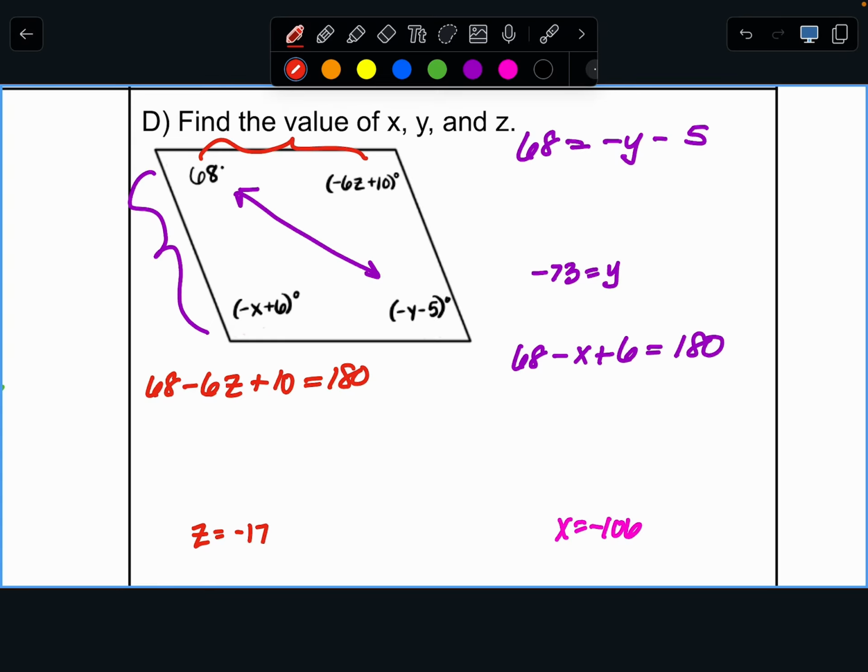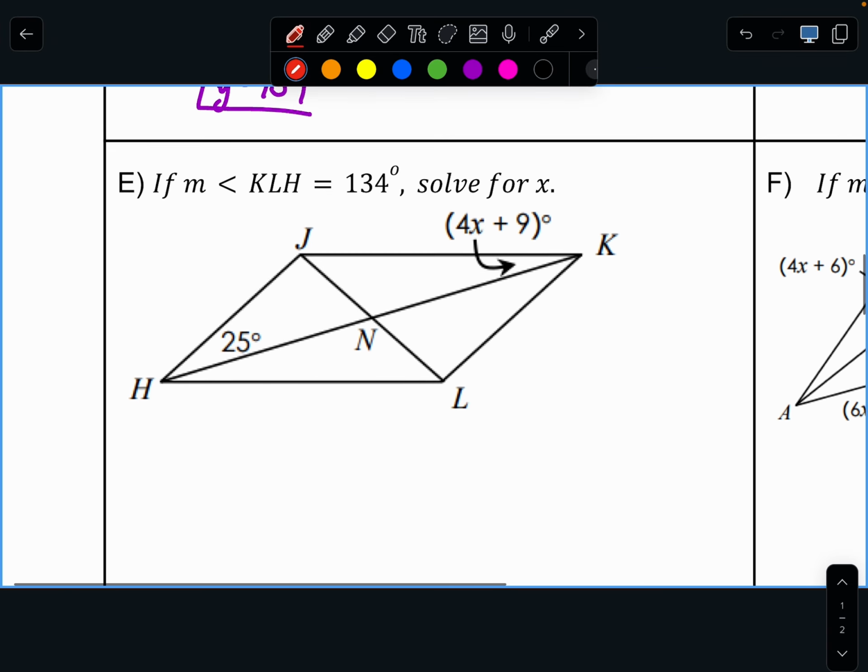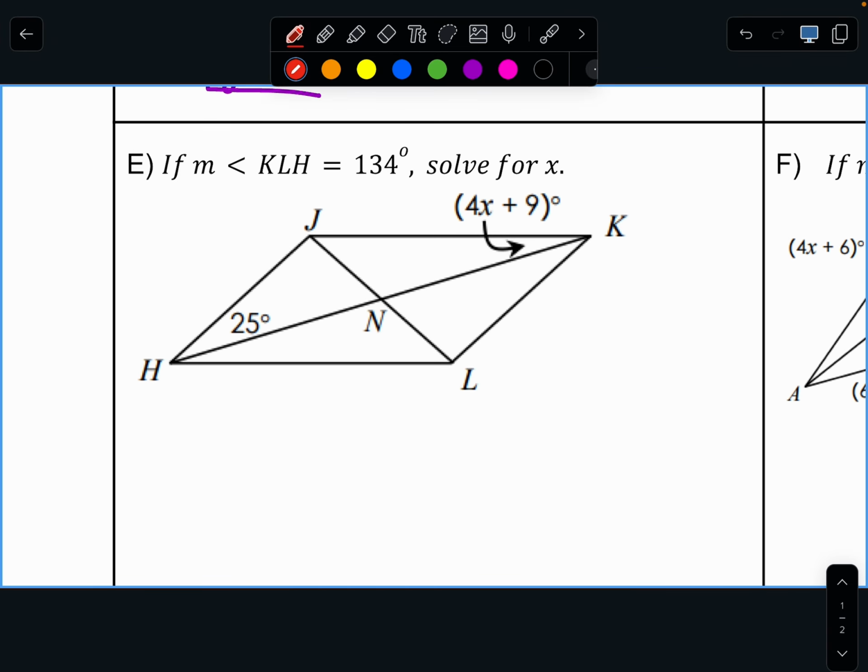All right, now let's look at the last two. These are still angles, but they involve the diagonals, so we just have to pay attention to what that means. So let's start with where this angle is, JLH. So JLH is the big angle. So that means this big angle is the same thing, right?